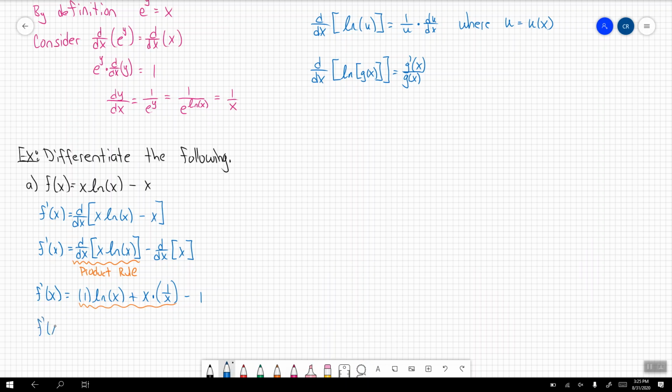Let's simplify if we can. Now, if you notice the second term, x times 1 over x, that's just 1, and 1 minus 1 will cancel itself out, which means we're only left with the natural log of x at the very end. And this is the derivative for that function.